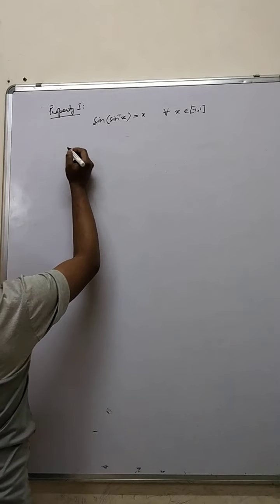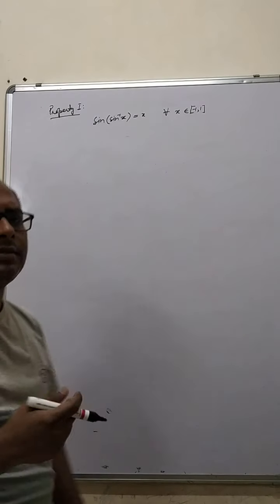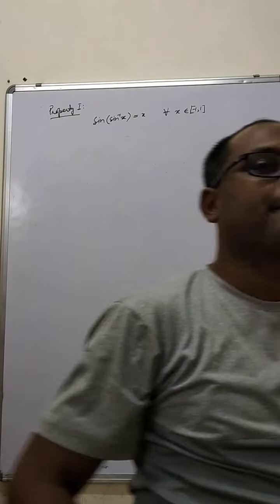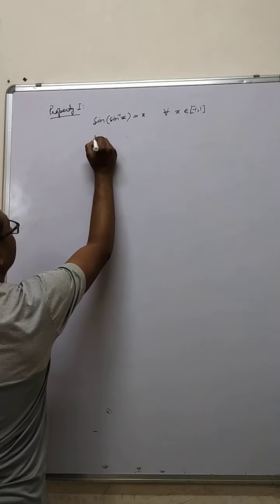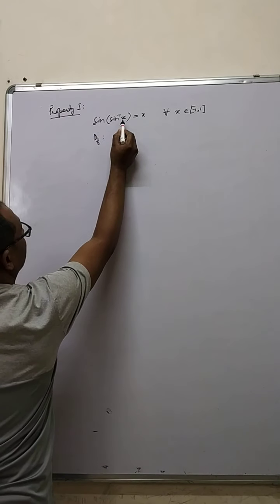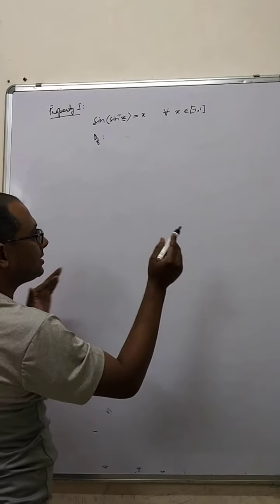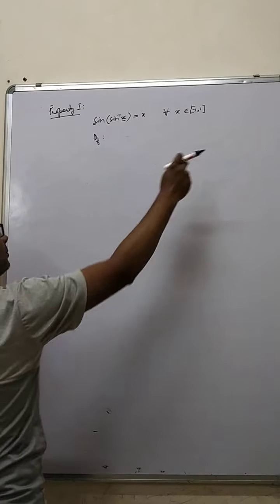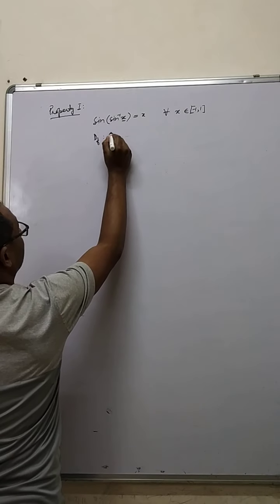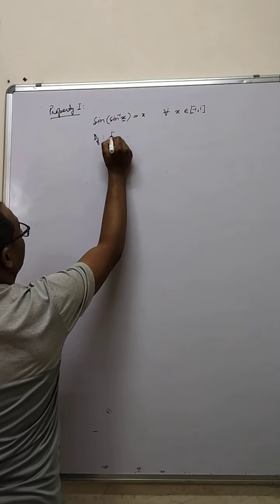Okay, so let us try to draw the graph of it. The domain of this function means what are the values of x we can take. Just recollect, sine inverse x is defined on -1 to 1, so the domain of f is the closed interval -1 to 1.